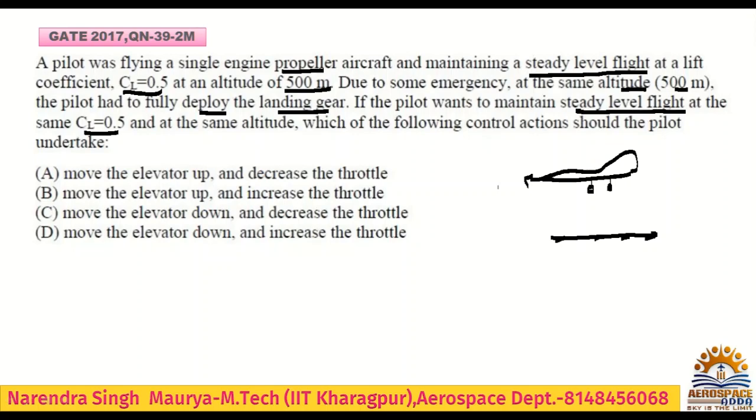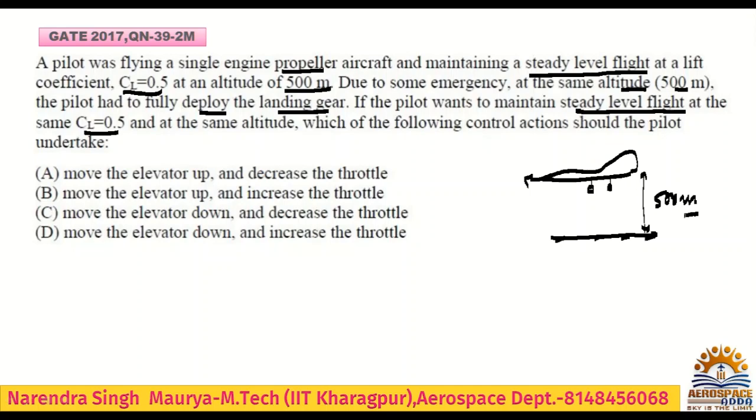But here it is clearly mentioned, due to some emergency at some altitude, and what is the altitude? It is 500 meter, right? So half a kilometer. So obviously, in this case, deployment of landing gear should not be there, but it is clearly mentioned that it is due to some emergency.